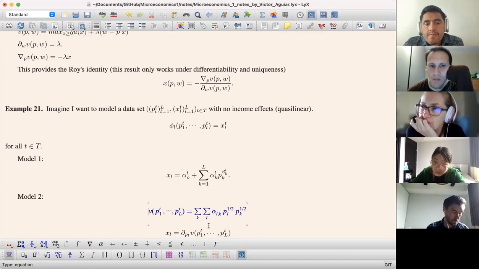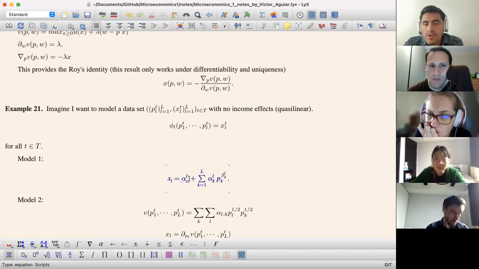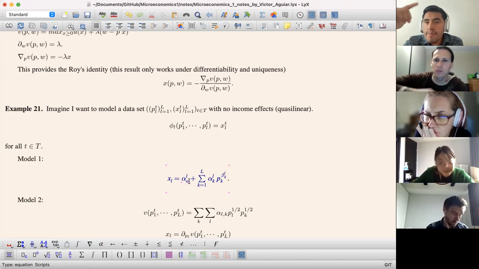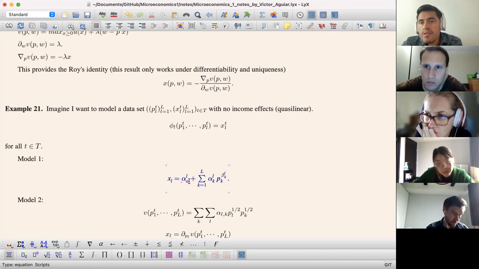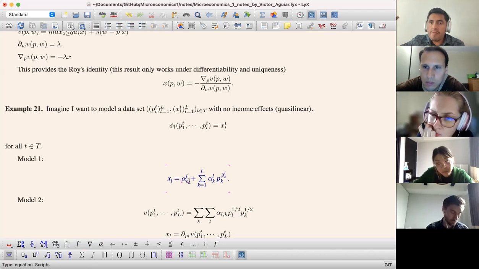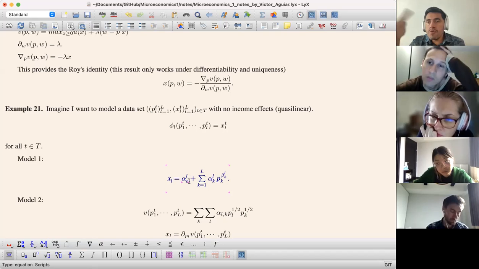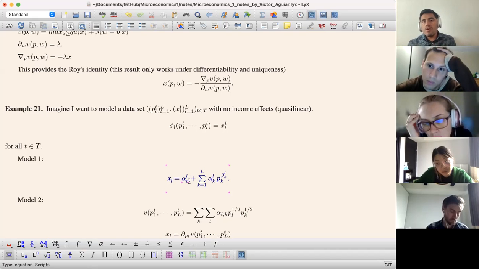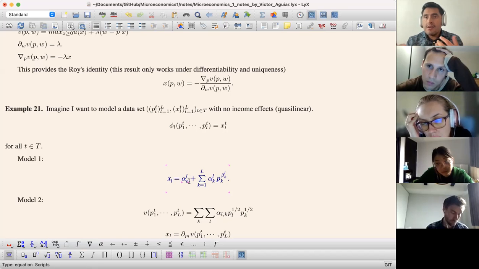In particular, notice here that the constants, for instance, are going to be 1 per good. So what I'm saying between model 1 and model 2 is that model 1 has a huge number of parameters, because they don't have any discipline. They may or may not come from utility maximization. So in this particular example, this translates to the fact that you may have a huge number of parameters.